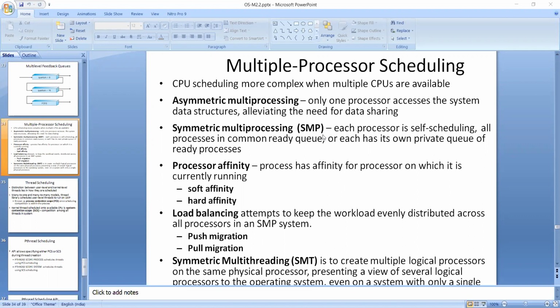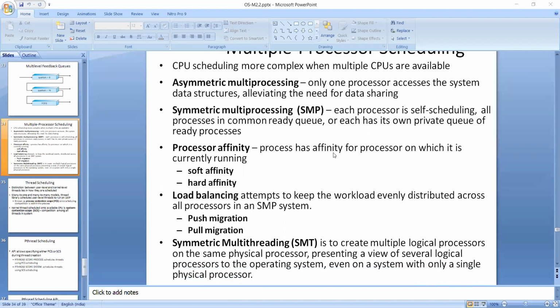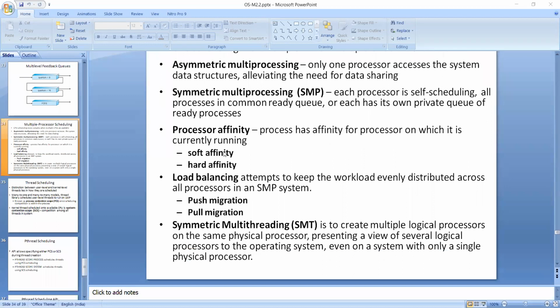Another issue with symmetric multiprocessing is symmetric multithreading, called SMT. It creates multiple logical processors on the same physical processor. A single physical processor will create multiple logical processors, and the multiple logical processors will execute different processes, presenting a view of several logical processors to the operating system.